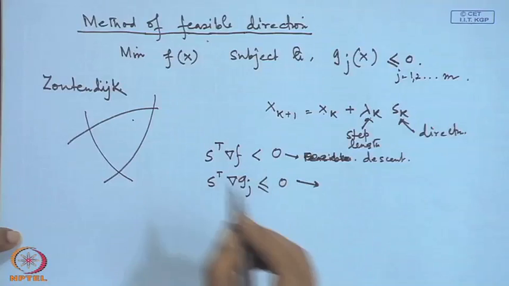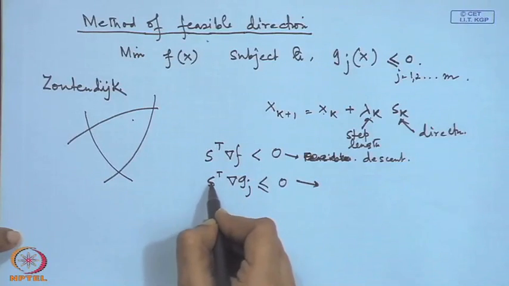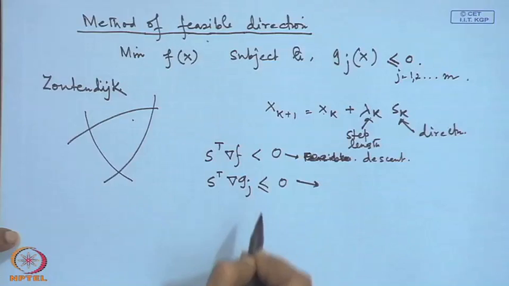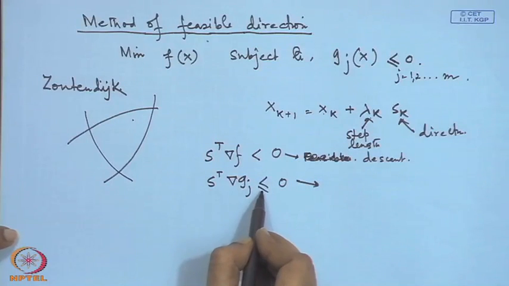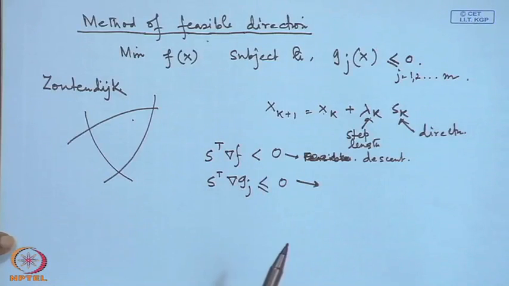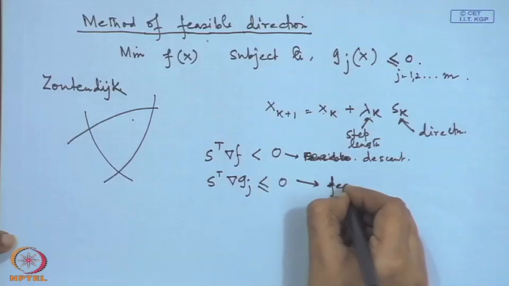Not only that, if S is the direction and we consider S transpose grad Gj, where j runs from 1 to m, and it again makes an obtuse angle, then this is called the feasible direction.